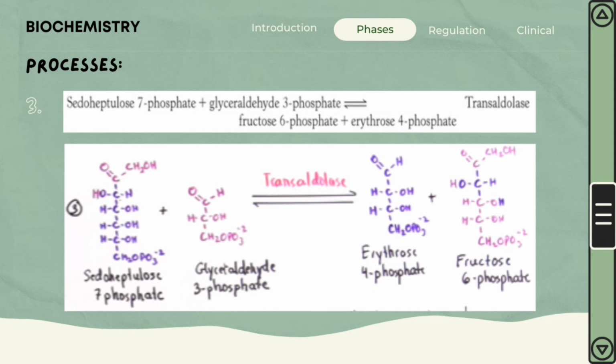So we form a 6-carbon sugar called fructose 6-phosphate. And this fructose 6-phosphate is one of the glycolytic intermediate products. So the fructose 6-phosphate is actually the final product, or one of the final products, in the non-oxidative phase.